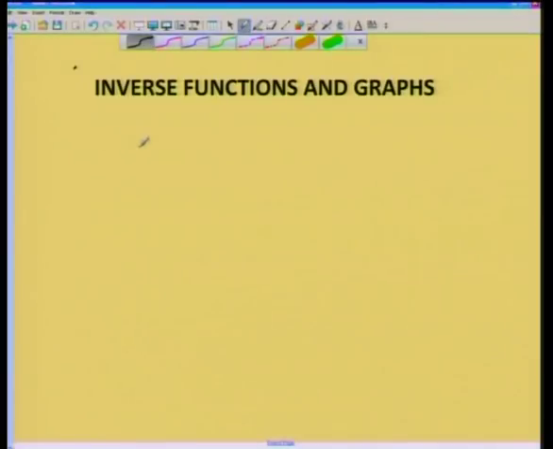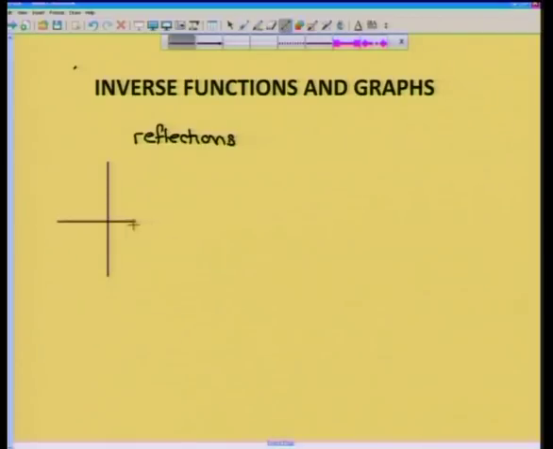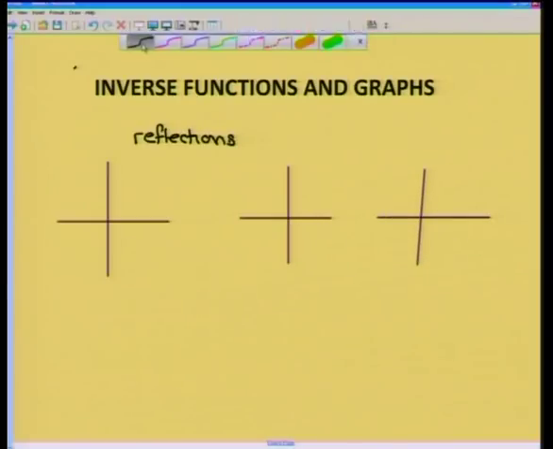Right, if we have a look over here, you might remember we talked about reflections. There were three kinds of reflections that we were working with. Let's just get three different axes up here quickly so we can refresh our memories. Remember, we talked about what happens if we reflect about the y-axis.